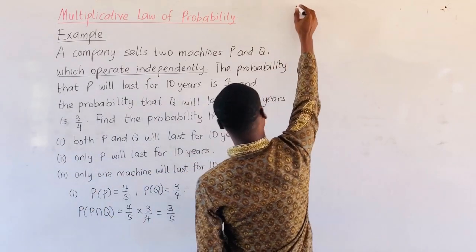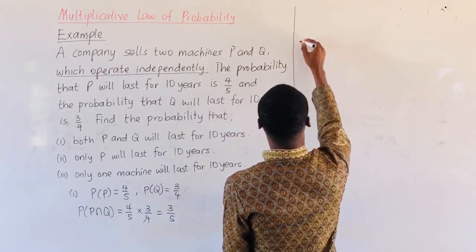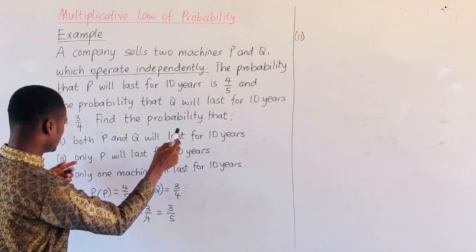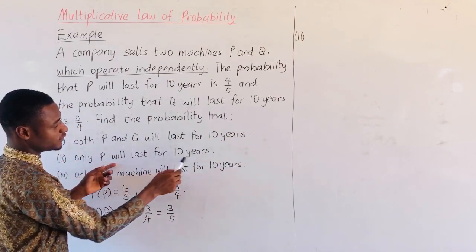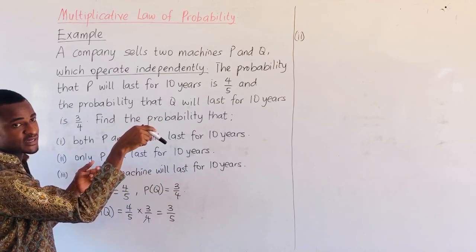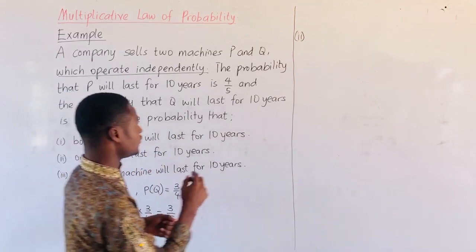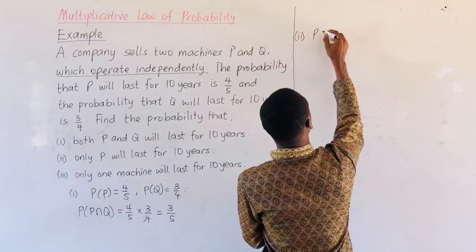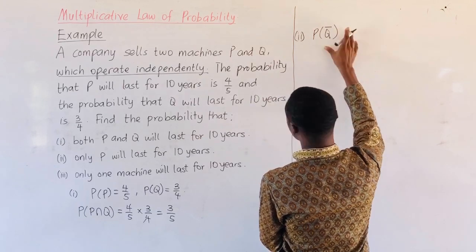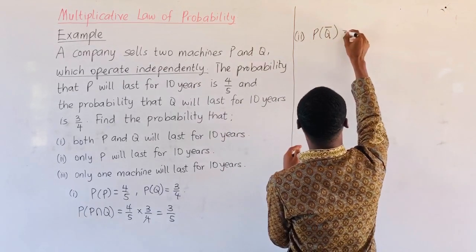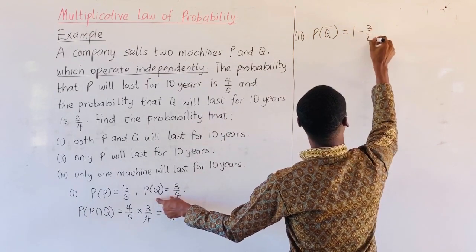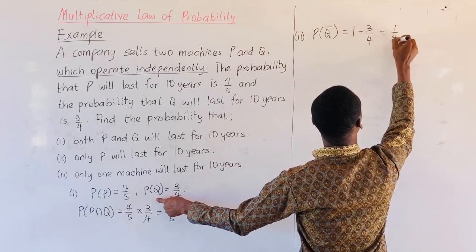Then let's go to the second question. It says we should find the probability that only P will last for 10 years. And this means that Q will not last for 10 years. There are two machines. So the probability that Q will not last for 10 years, which is the complement of Q, is 1 minus the probability that Q will last for 10 years. And this is 1/4.